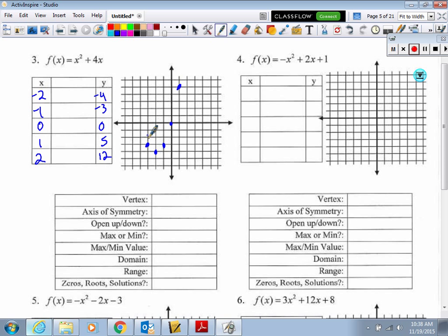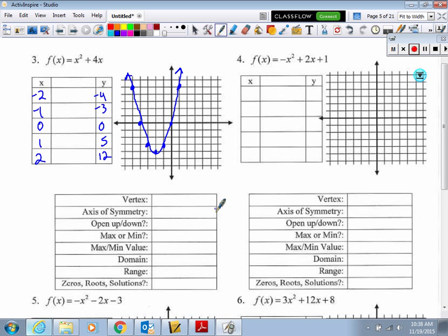That's my vertex. And then -4 is at 0. And -5 is right there. Okay. And then you're going to connect. Hey, that doesn't look too bad.